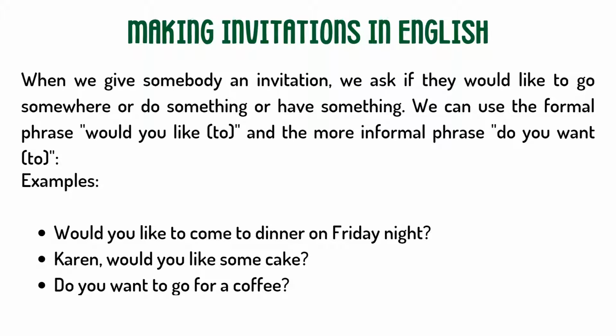Would you like to go to the movies with me? Would you like to join us for the movies? Would you like to go to the beach with us? That is the way that we ask somebody to do something with us. As you can see here, guys, would you like to is the polite form, and then we have the informal, do you want to?